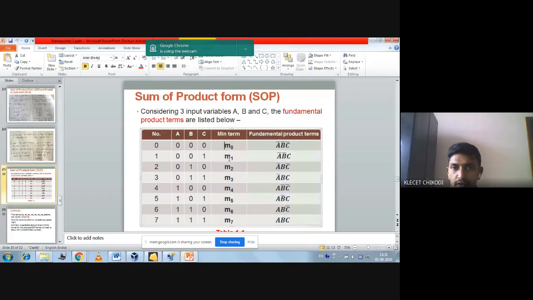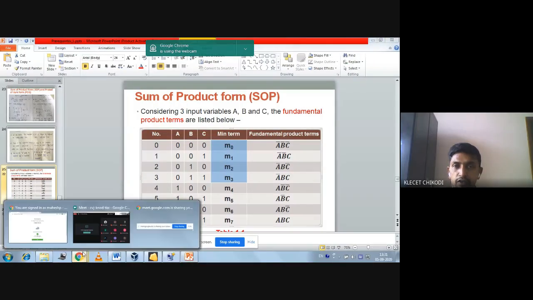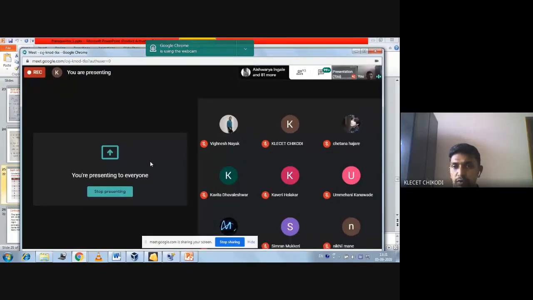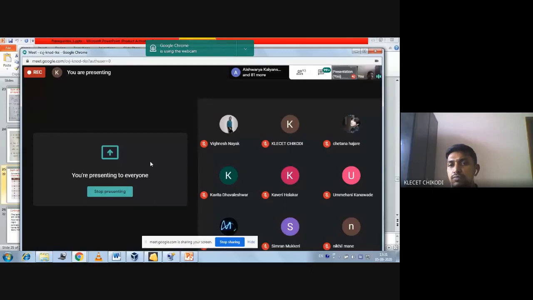So these are the only 4 min terms, right? Small m0, m1, m2 and m3. So for 2 input variables, we'll get only the min terms small m0, m1, m2 and m3. Okay, fine. Similarly, if I consider 4 input variables, consider small a, small b, small c and small d. So how many min terms you will get?